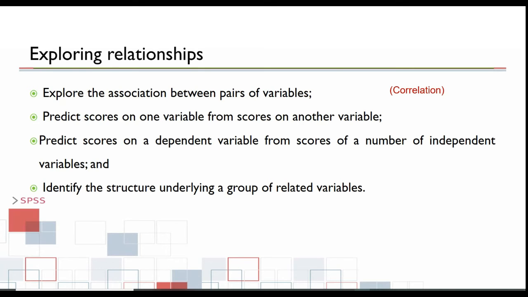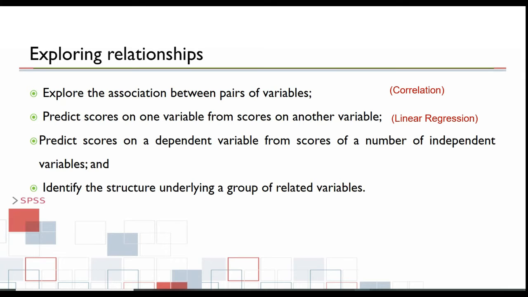You need to run correlation because you're looking for some association or relationships between variables. Okay. You want to predict scores on one variable from scores on another variable. You only have one dependent and one independent variable here. So you should run linear regression, right? Linear regression.